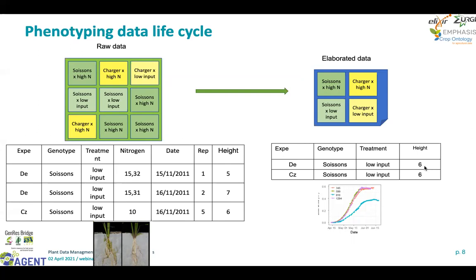It's a mean, it's the application of an agronomical model. So this level of data reduction is necessary to do data analysis, but we need to keep the raw data, and that's very important because this elaborated data has been built for a certain question. If we change the question, we must be able to go back to the raw data to compute it in a different manner.